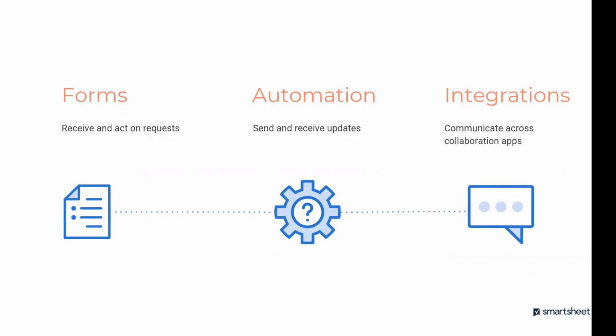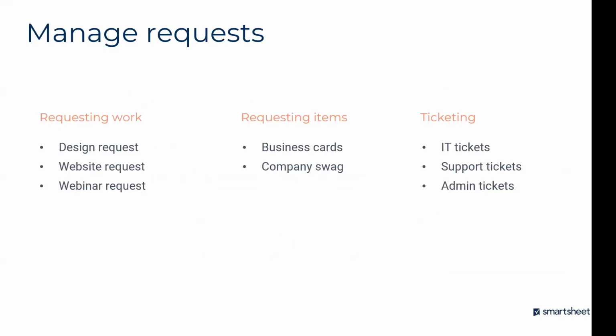So you're duplicating efforts, copying information from email to another app or getting information out of a collaboration app and having to copy it into Smartsheet or email or other status updates. So we'll look at how to integrate more effectively with the tools you already use, like Slack, Microsoft Teams, and more.